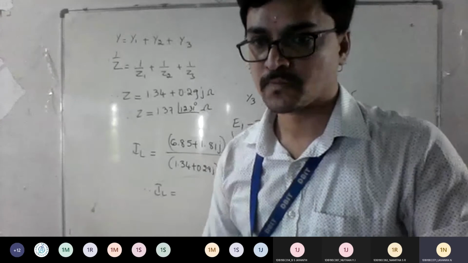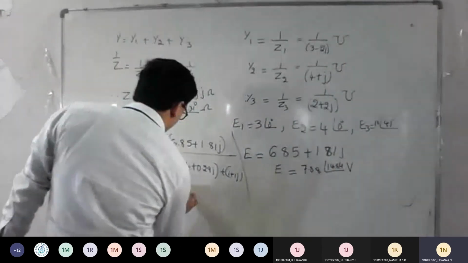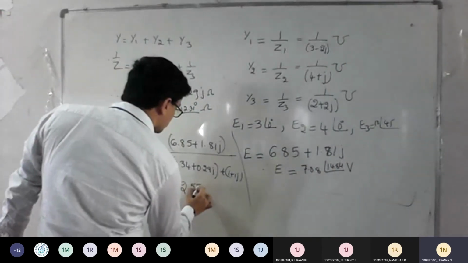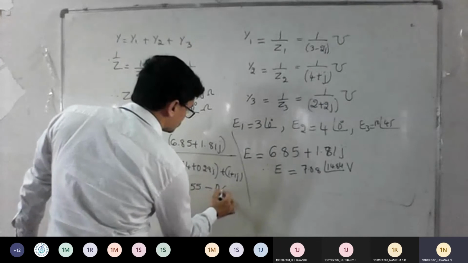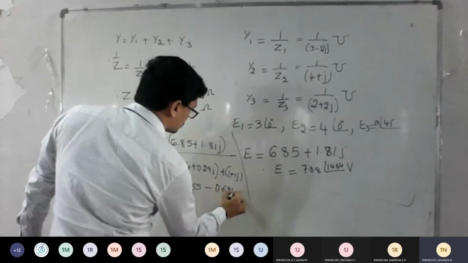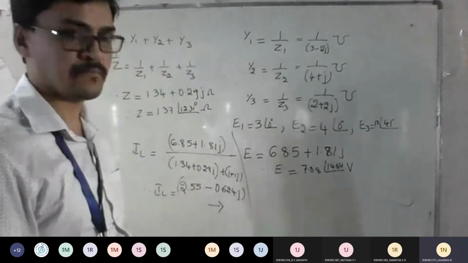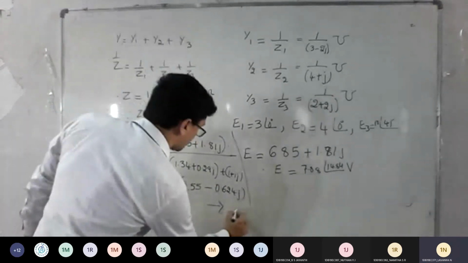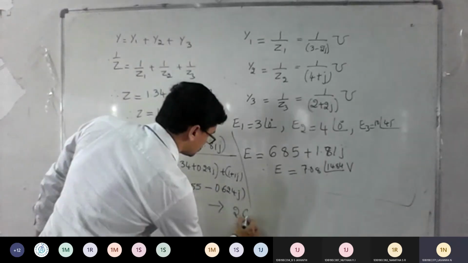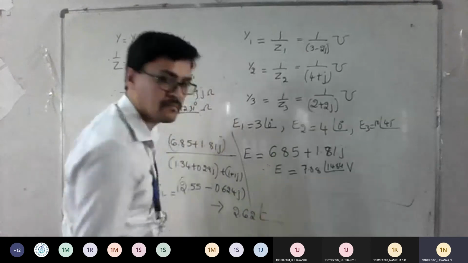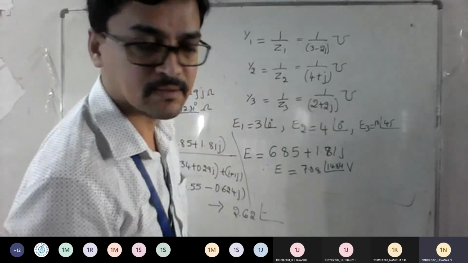Sir, 2.55 minus 0.624j. Can you tell me the polar form also? 2.62 at an angle of minus 13.758.